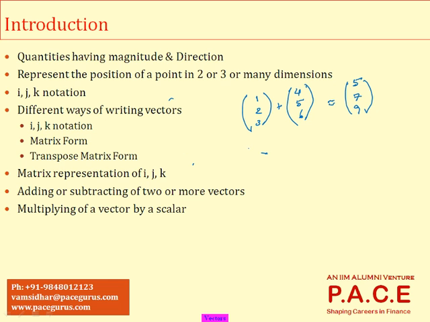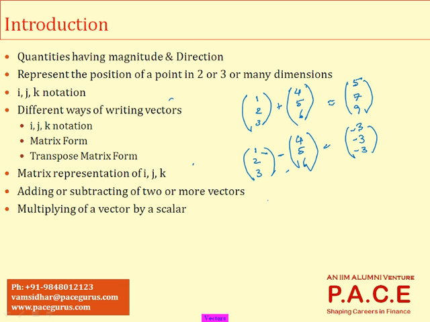Similarly, the subtraction between two vectors is also the same. 1, 2, 3 and another vector 4, 5, 6. If I have to do a subtraction between the two, it's again one-on-one subtraction. So 1 minus 4 is minus 3, 2 minus 5 is minus 3, 3 minus 6 is minus 3. So it is nothing but minus 3i minus 3j minus 3k.